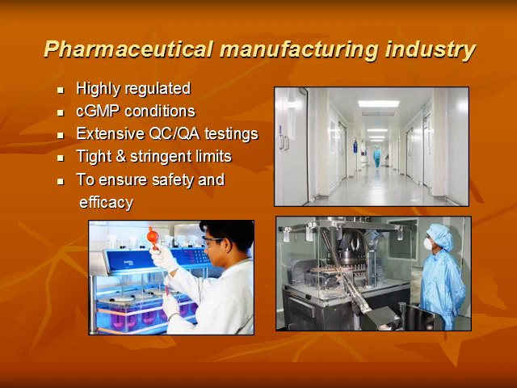When you talk about the pharmaceutical manufacturing industry, they are highly regulated, which means they need to have controlled GMP conditions, and they have extensive quality control and quality assurance testing with tight and stringent limits to ensure safety and efficacy of the drug to the end user.